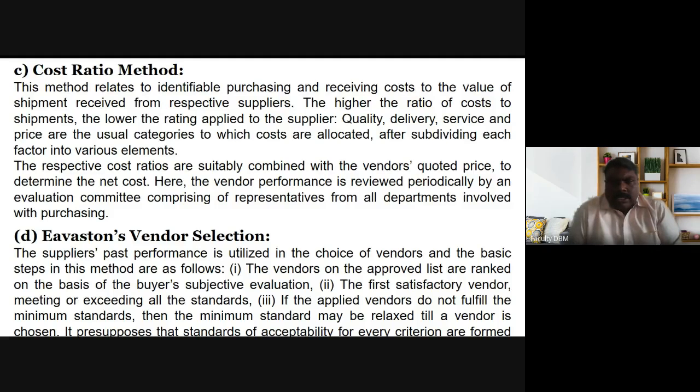So the standards of the particular company will be taken into control, and the vendors matching the standards of the company will be selected. So that is the vendor selection, and he has come out with this type of selection.